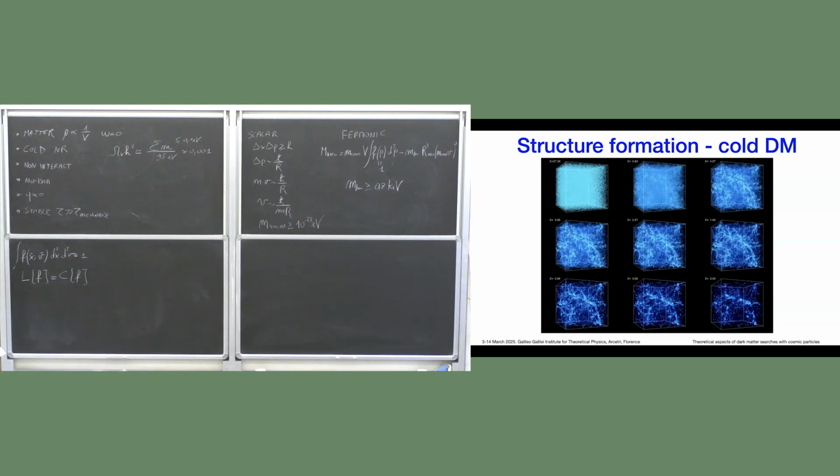If you take the non-relativistic case, the Liouville operator can be written as the derivative of f over time, plus velocity times the derivative of f over space, plus the acceleration times the derivative of f over velocity. And then you have the collision operator.